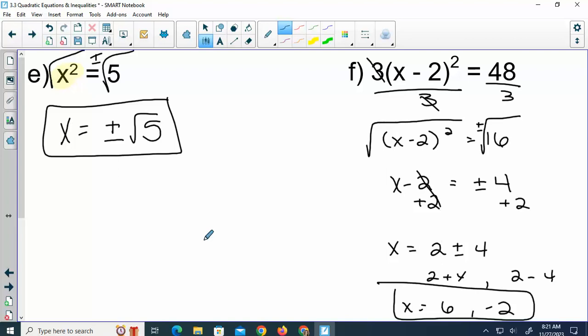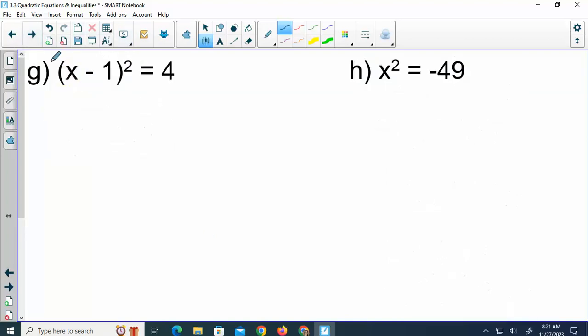I want you guys to try a couple. So did you multiply this out or do the square root method? If we do that, we have to do plus and minus. So x minus 1 equals plus or minus the square root of 4, which is 2. Just as a side note, if this were something like an 8, you would have to break it down and make it plus or minus 2 radical 2.